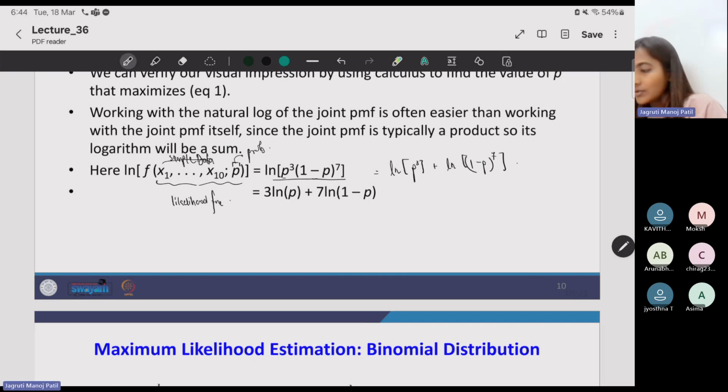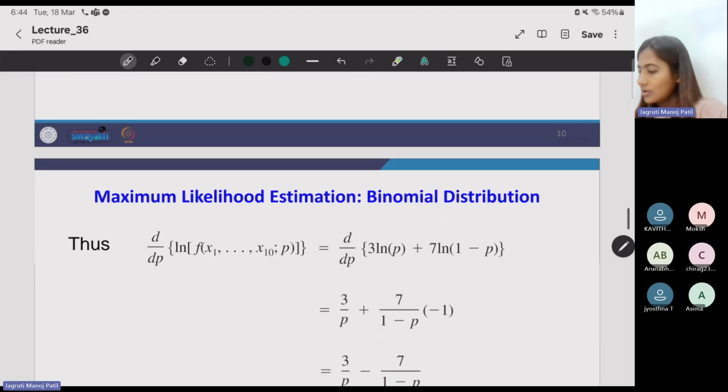Now, you're just taking the log of the function, since you don't have x. That would be nothing but 3 ln p, because of the power, and 7 ln(1 minus p).